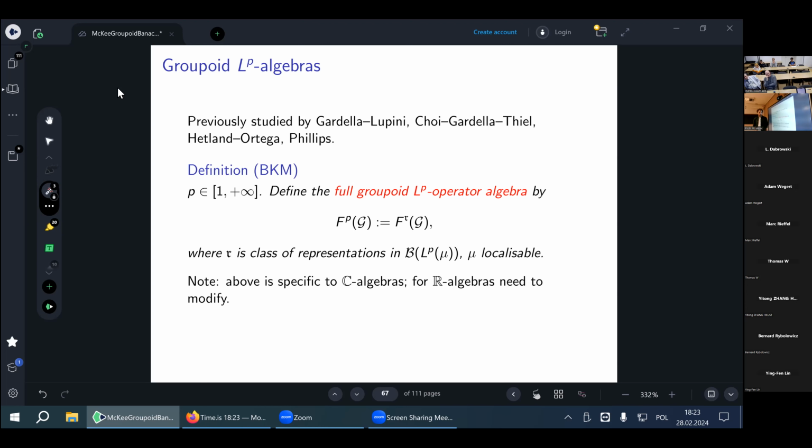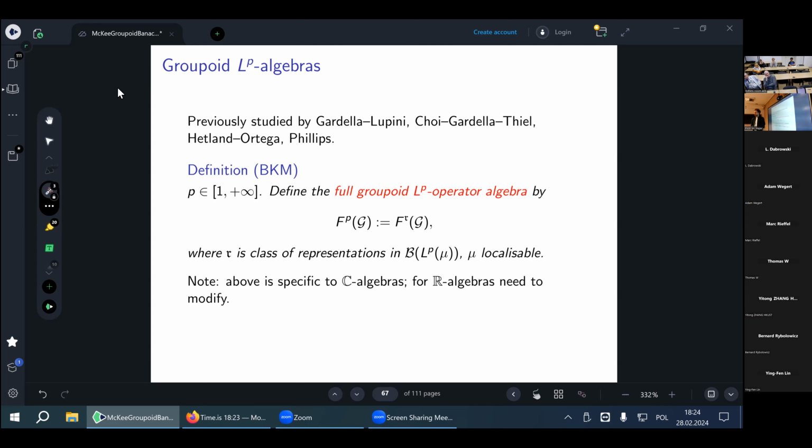What you have to add in the real case is that a representation in B of LP of mu has to take C0 of X to multiplication operators.